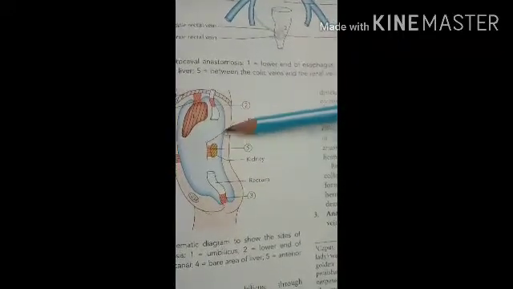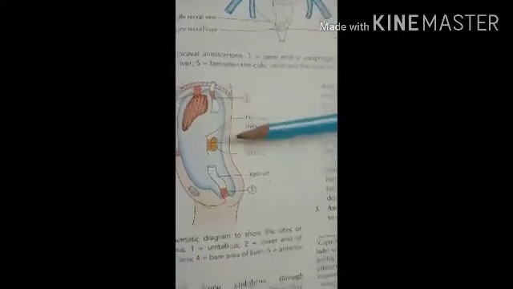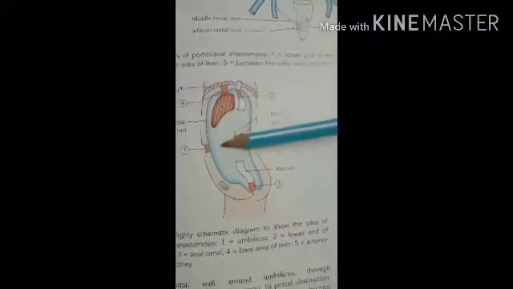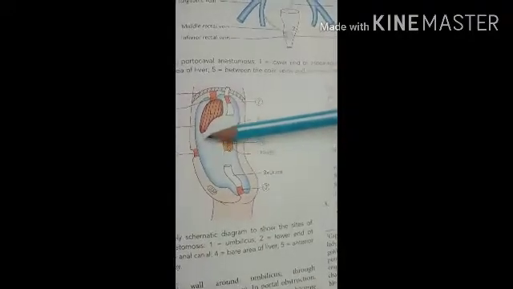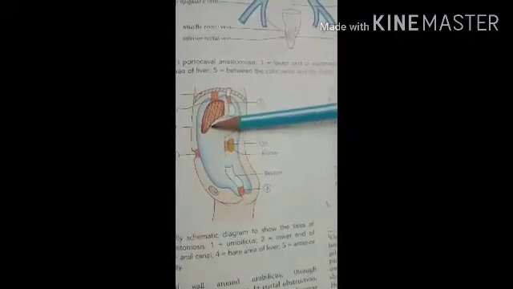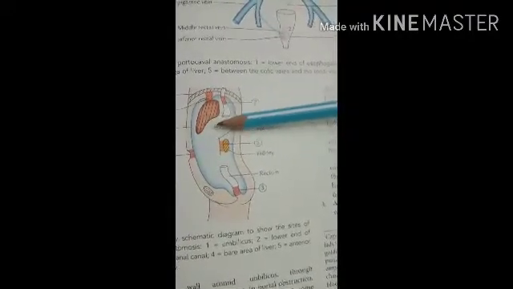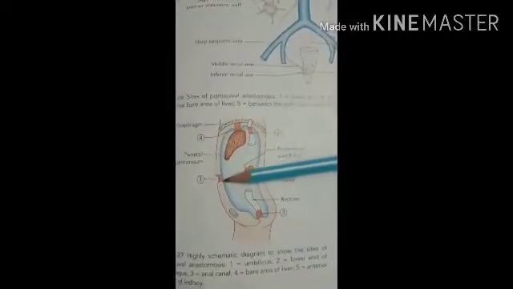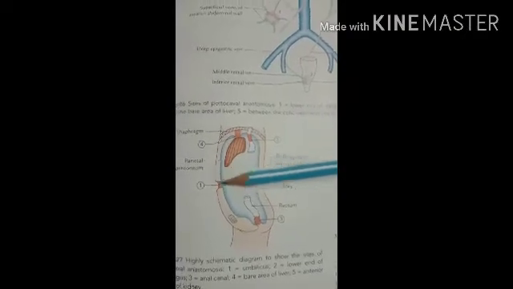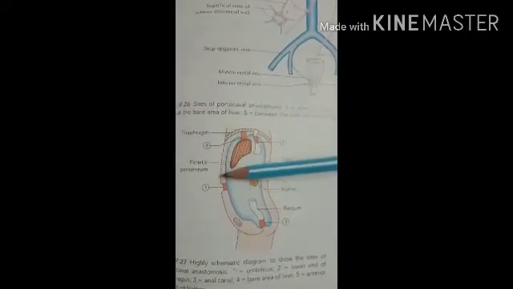The important portocaval anastomoses are, first, at the umbilicus. Here the left branch of the portal vein communicates with the superficial veins of the anterior abdominal wall around the umbilicus.